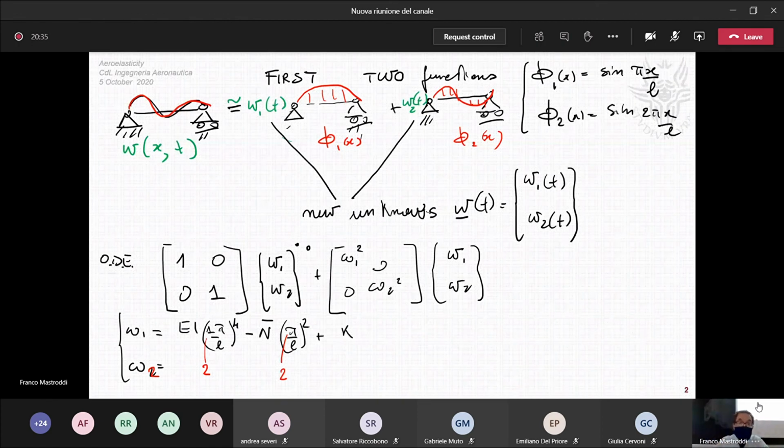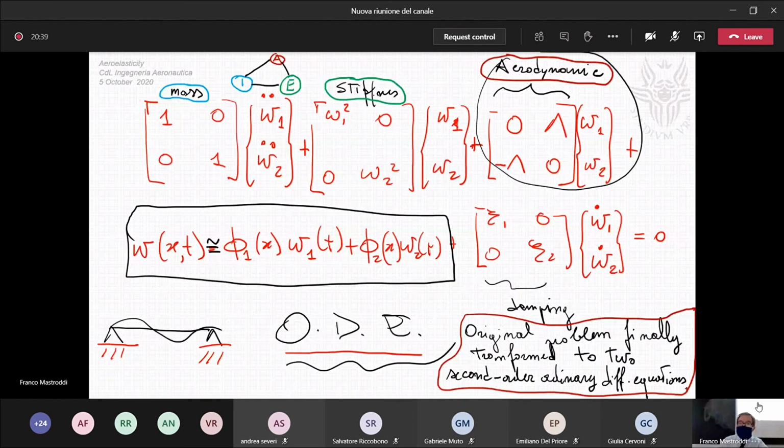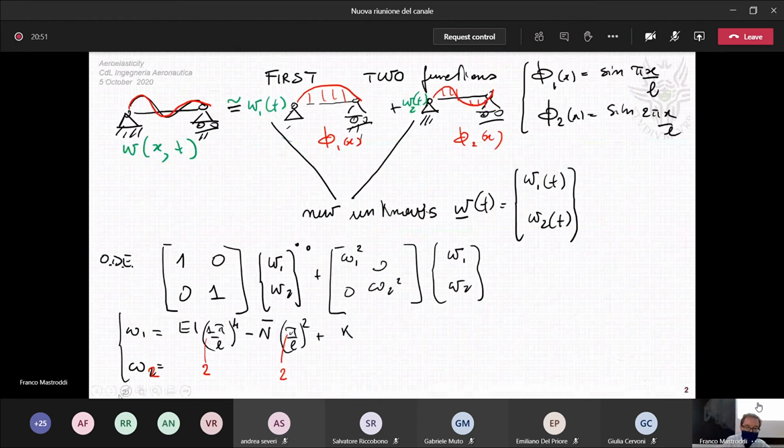But if you include the aerodynamic term, like this term, you have a skew symmetric or antisymmetric matrix here, like 0, lambda, minus lambda, 0, applied to, again, the same state space vector.